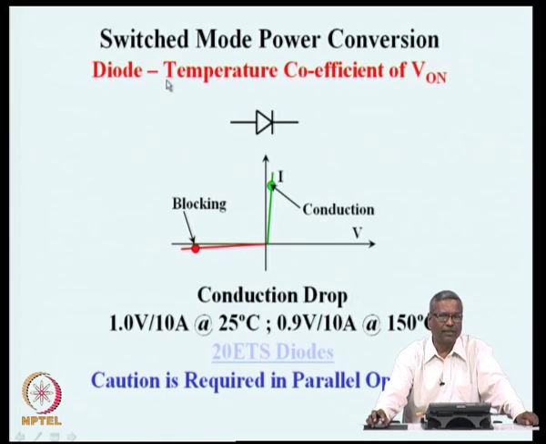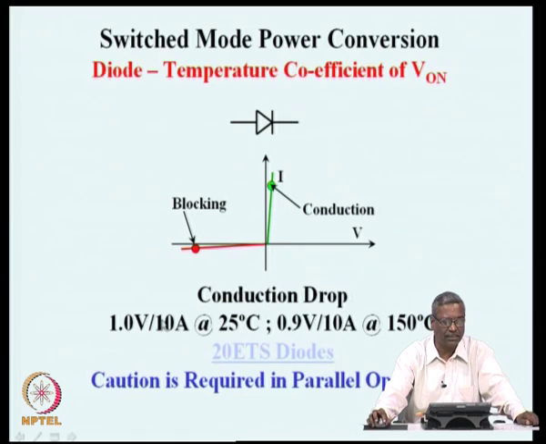Now, there is another little feature which one has to see, what I had shown here as the temperature coefficient of the on state. From the data sheet, one can see that at 25 degrees the conduction drop is about 1 volt at 10 amperes, and the same device at 150 degrees junction drops 0.9 volts only at 10 amperes.